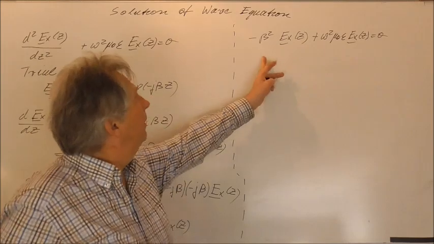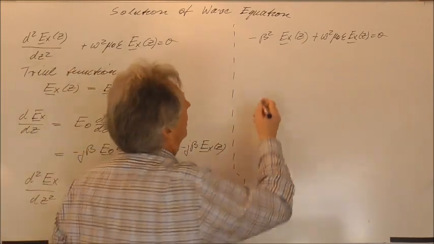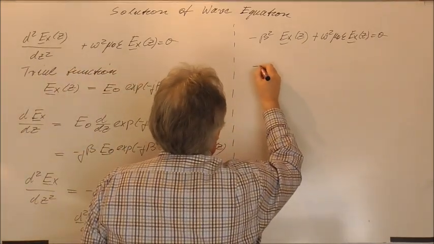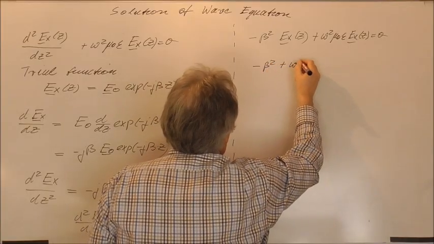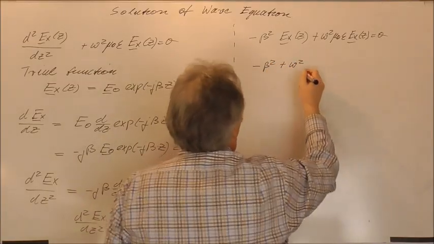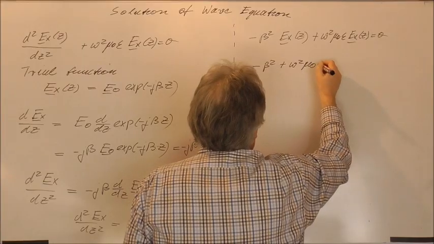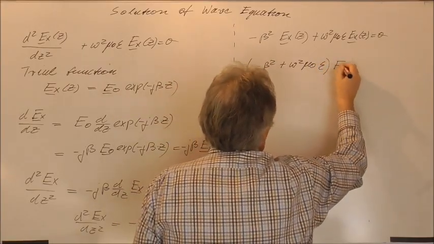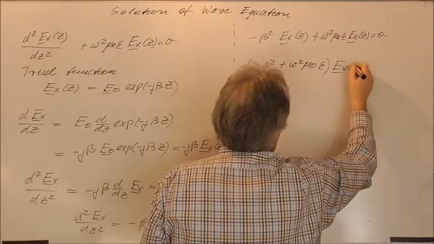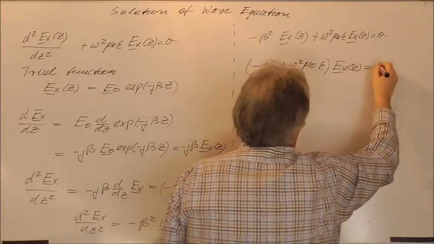So here we have two times the function, so we can say we have minus beta square plus omega square mu naught times epsilon times Ex of z, it's 0.